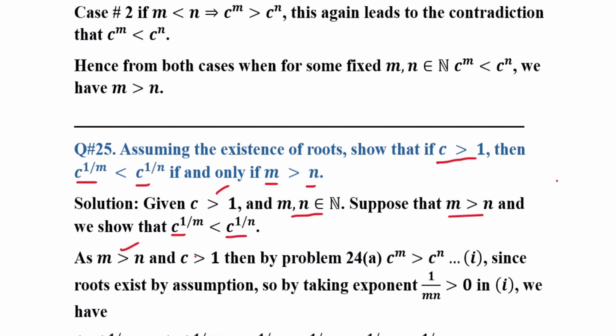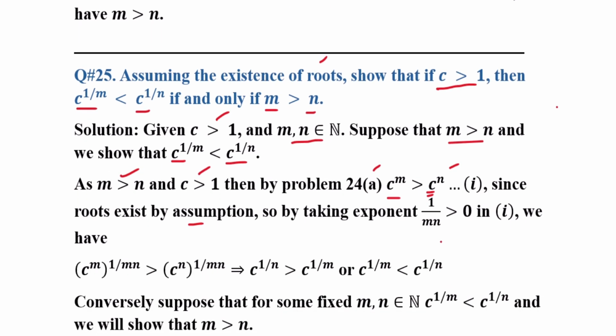As m is greater than n and c is greater than 1, then by problem 24a that we have discussed above, c raised to power m is always greater than c raised to power n. Say this is inequality number 1. Since the root exists by assumption, it is given in the question, by taking the exponent 1 over mn, or the mnth root, which will always be a positive number, we have c raised to power m whole power 1 over mn is greater than c raised to power n whole power 1 over mn.